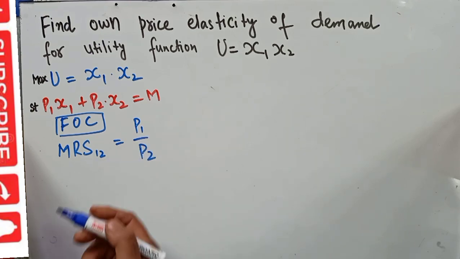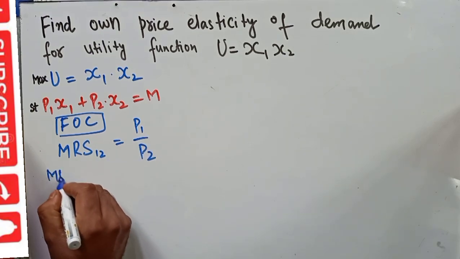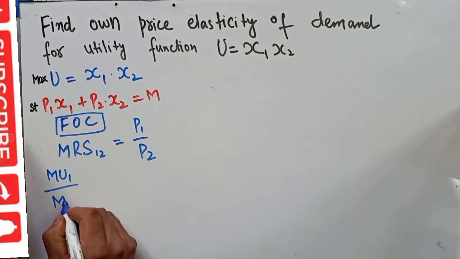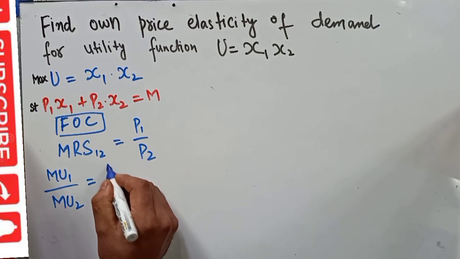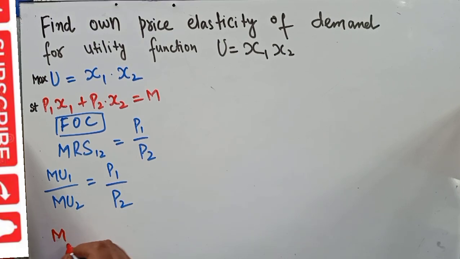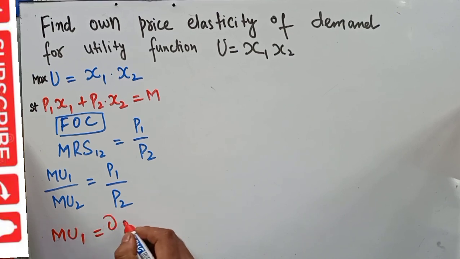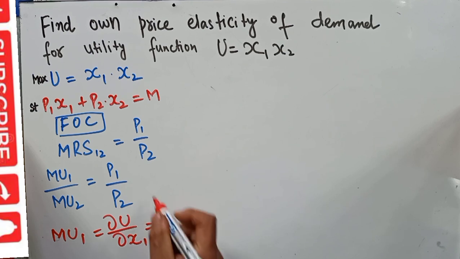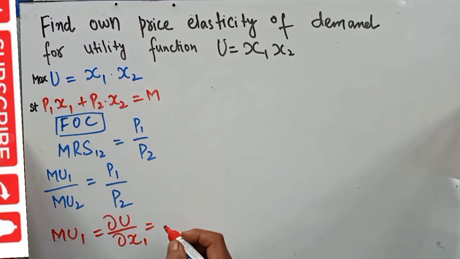MRS of goods x1 and x2 is simply the marginal utility of good 1 upon marginal utility of good 2, and it should equal P1 upon P2. Now what is MU1? MU1 is simply the partial derivative of the utility function with respect to good x1. Taking the derivative with respect to x1, we are left with x2 because the derivative of x1 is 1.